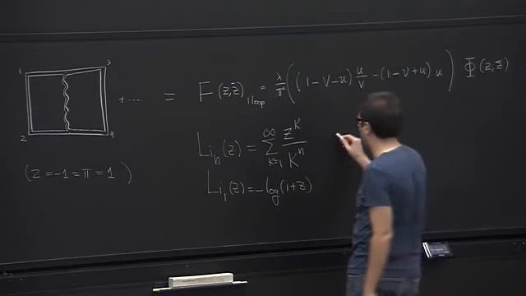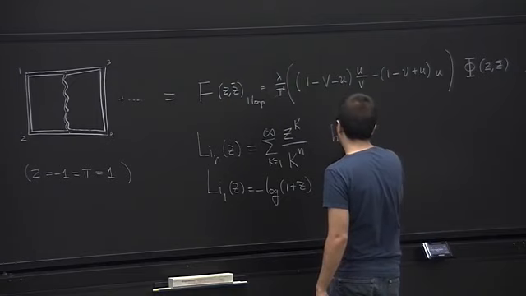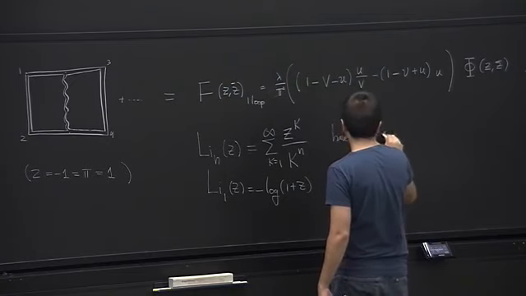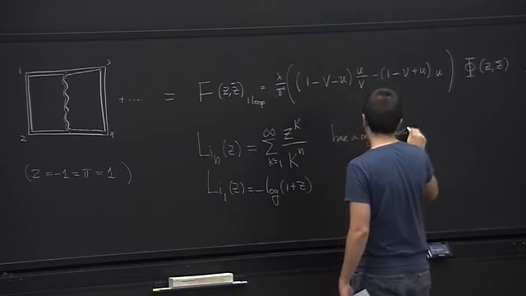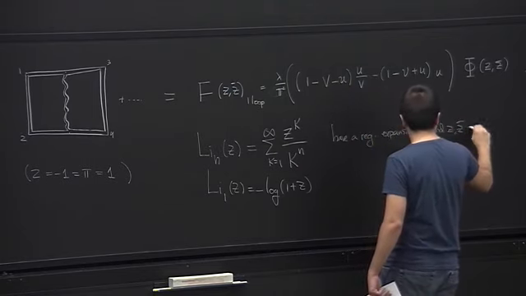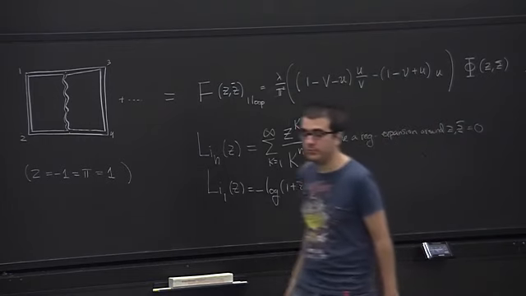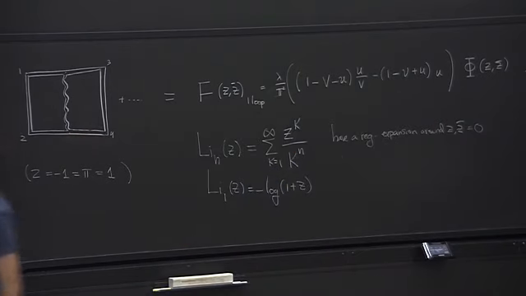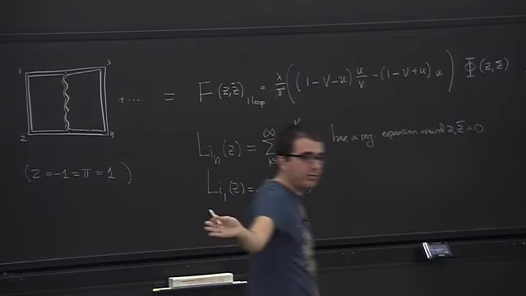So these Li functions have a regular expansion around z bar equals 0. This function also had a regular expansion around z bar equals 0. Right? You expand in z bar, you get some Taylor expansion.